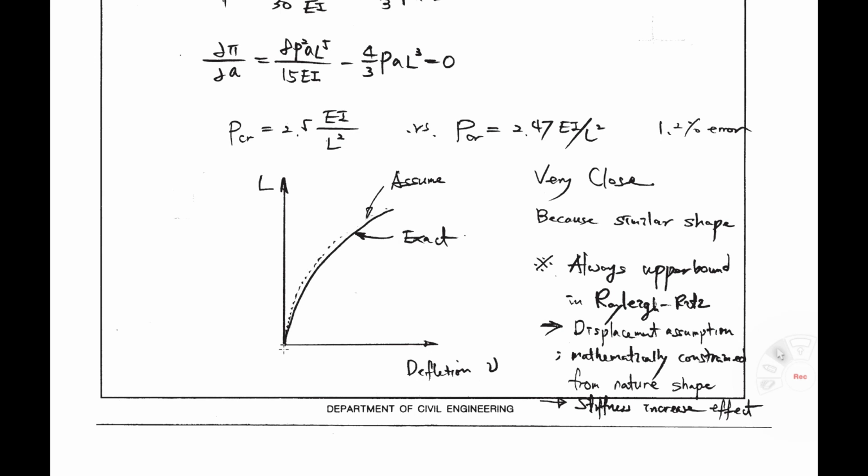The meaning is, we assume this dotted line, then we make some unnecessary constraint. That means a stiffness increase effect. Mathematical constraint causes a stiffness increase effect. That's why the Rayleigh method always provides an upper bound solution.